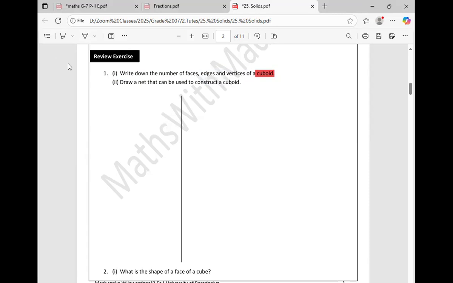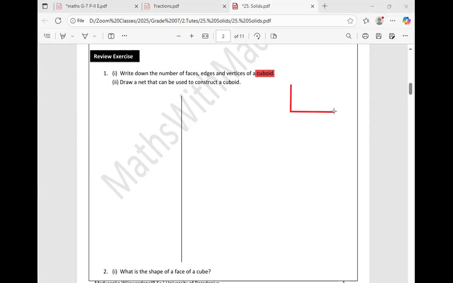I will first answer the questions. For the first question in the review exercise, write down the number of faces, edges and vertices of a cuboid. First of all, for your understanding I will sketch one of them.